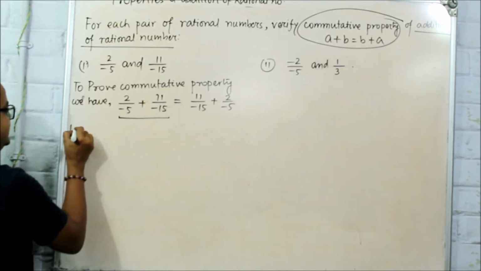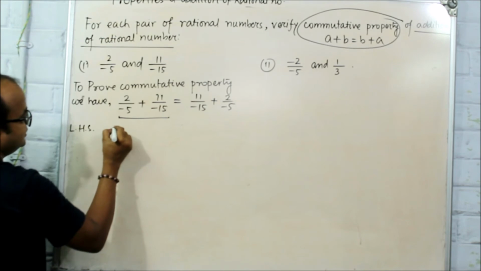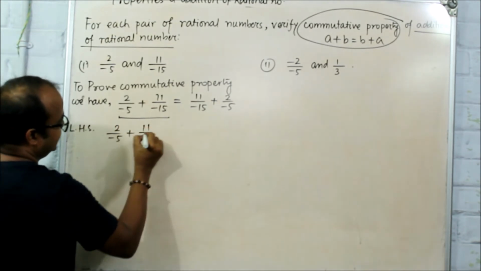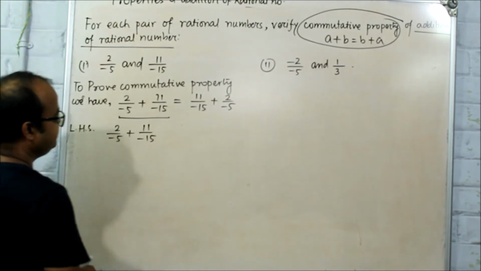So we'll write the left hand side: 2 by minus 5 plus 11 by minus 15.